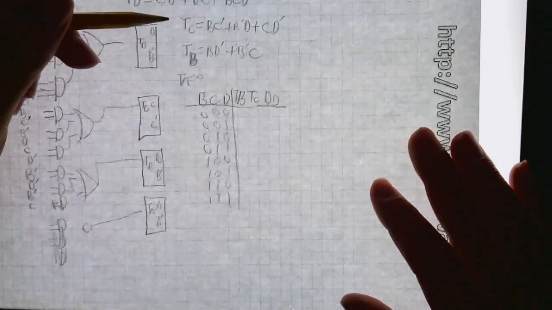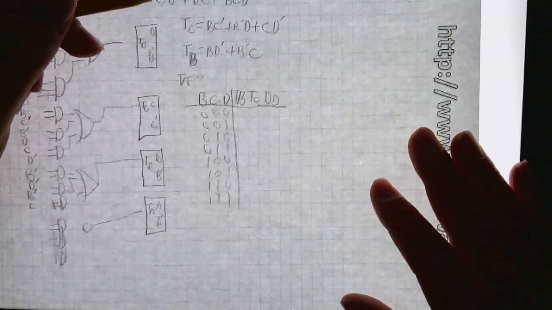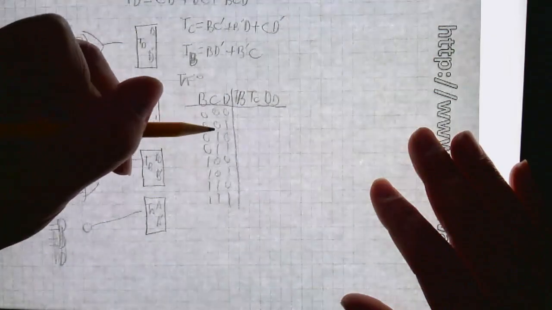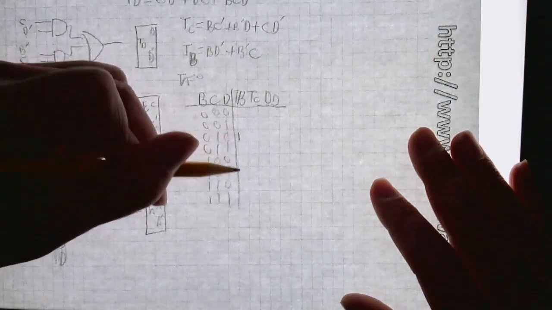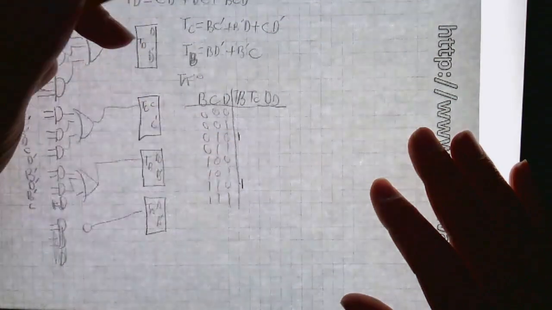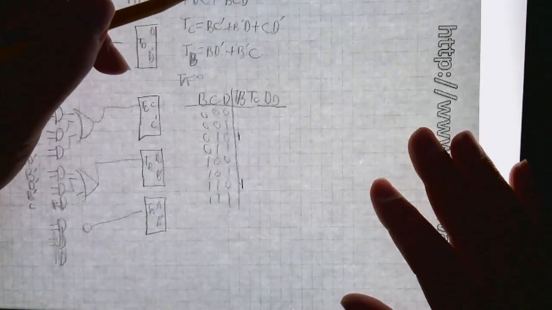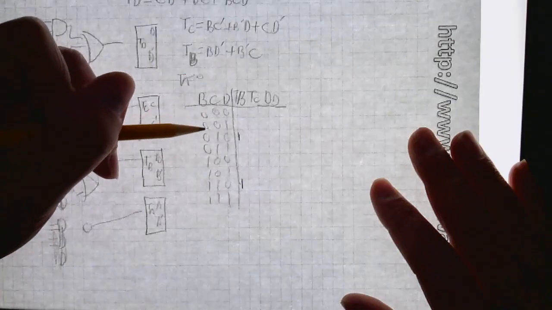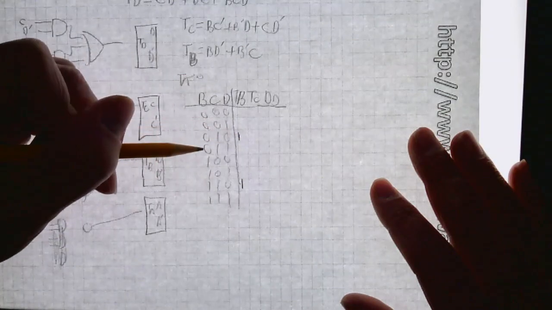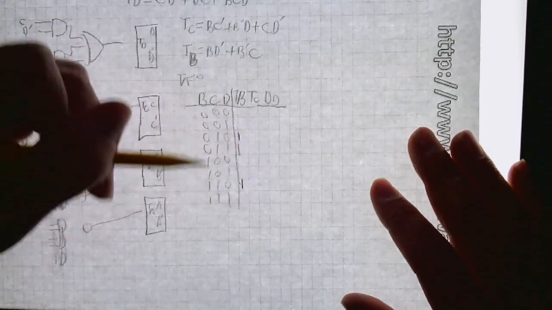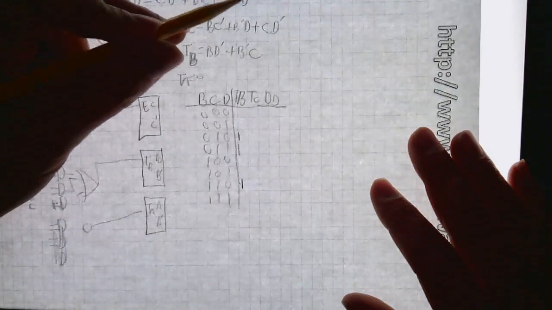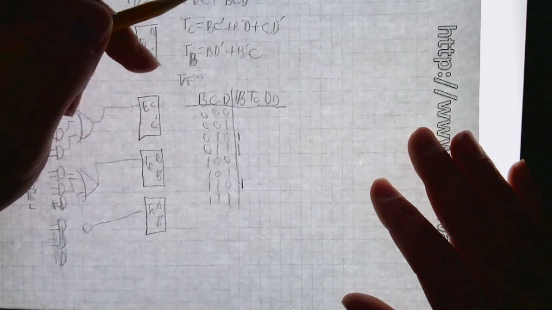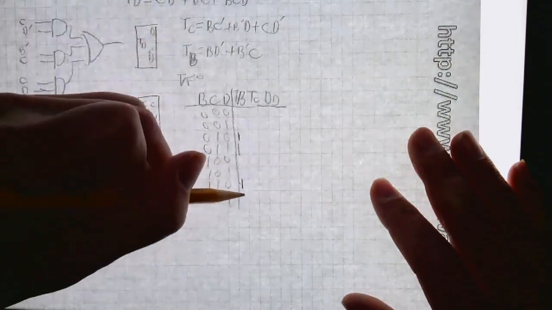And now what we can do is write CD prime means we need a 1 and a 0 here. B prime C means we need a 0 and a 1 for B and C. Got that already. BCD means we need 1, 1, 1 for the least significant 3 bits. It's here.